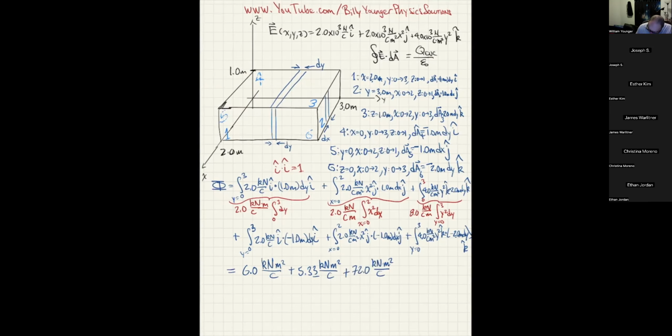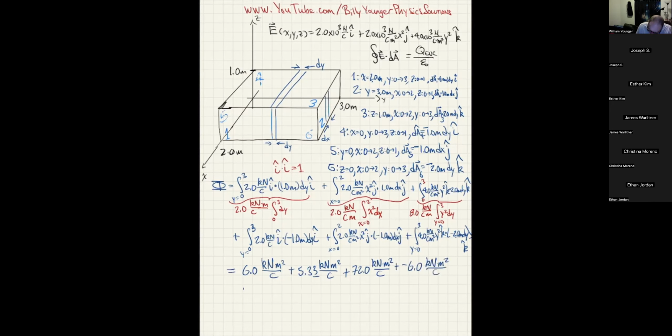I can go ahead and do number 4. I think you can see what's going to happen with number 4, which is the first one on the second line. I get a basically 2 kilonewtons per coulomb times a -1 meter gives me a -2. And then I integrate from 0 to 3. That's going to give me a 3. So 3 times -2 gives me -6.0 kilonewton meters squared per coulomb.